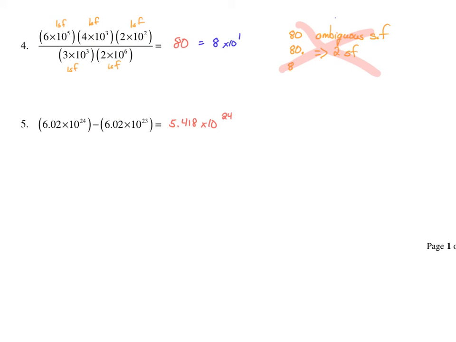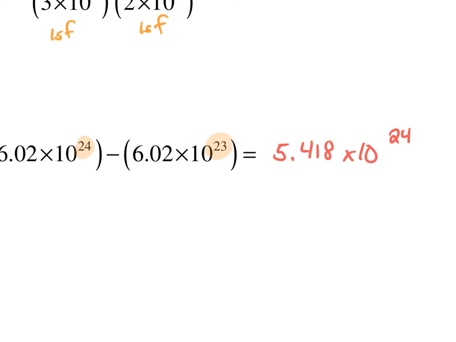Question 5, subtraction. So we first have to make sure that these are both expressed with the same exponent. We wanted to use the more positive, higher coefficient. So we're going to convert the second number to something times 10 to the 24th. To go from 10 to the 23rd to 10 to the 24th, we need to multiply by 10.